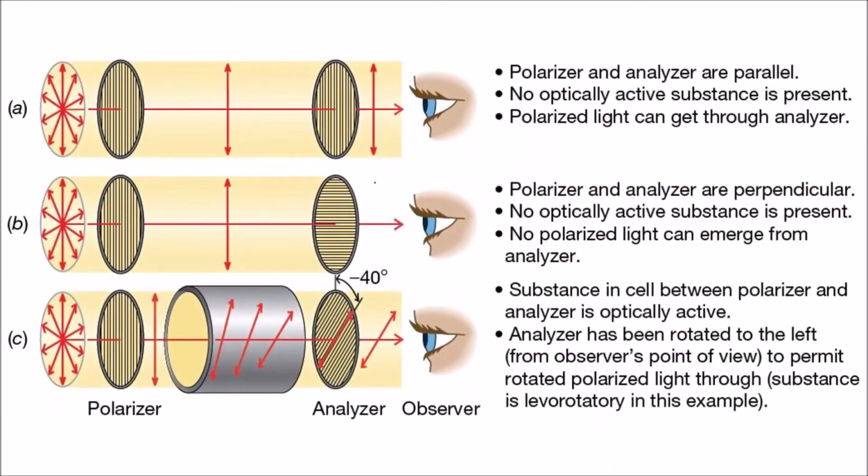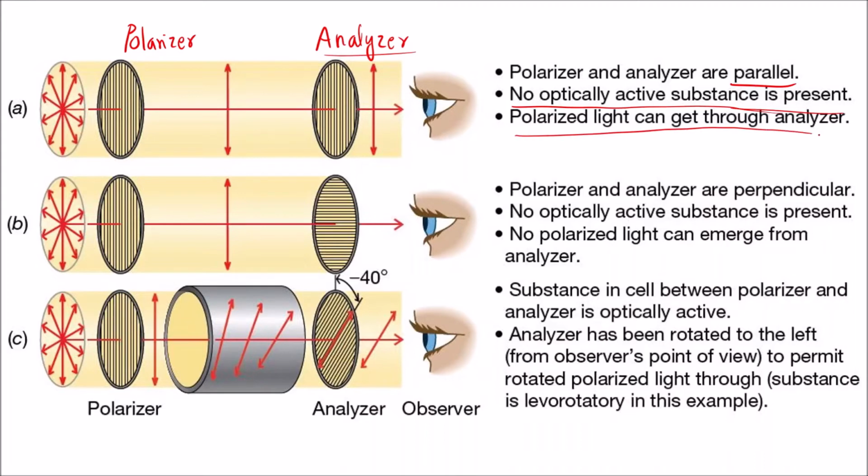So how do we actually do that? Initially, this is the polarizer, and this is the analyzer. Without the sample, if we keep both of them parallel to each other, as you can see here, the polarized light can easily pass through the analyzer, and there is no optically active substance present.